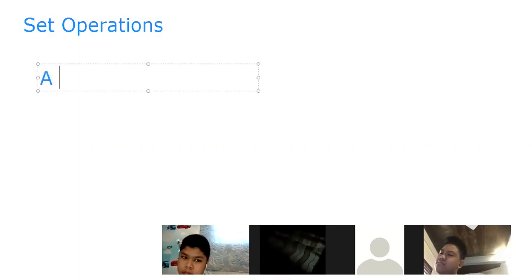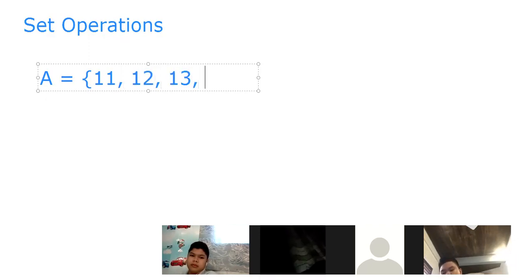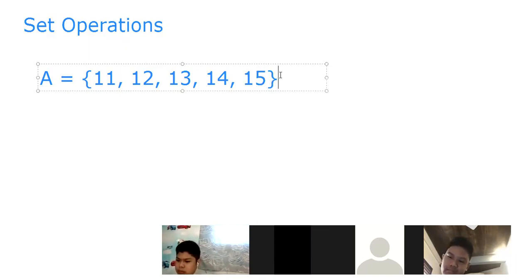For example, we have set A: 11, 12, 13, 14, and 15. And that is our set A. Now we have set B.